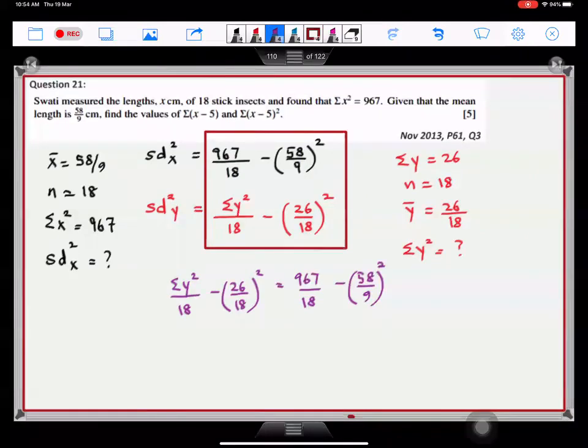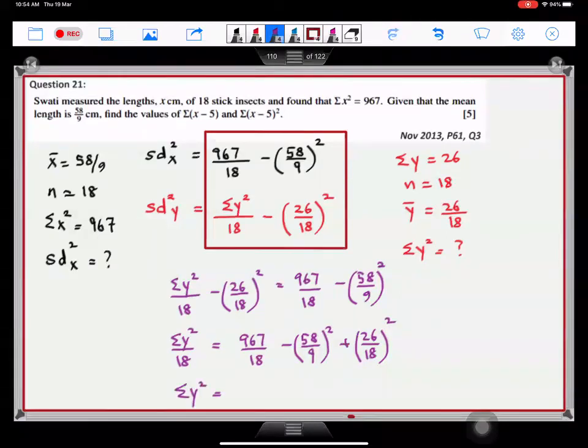You can easily make sigma y square the subject and use the calculator once for all, so that you don't lose marks on accuracy. Sigma y square over 18 is equal to 967 over 18 minus 58 over 9 square plus 26 over 18 square. And then after you have evaluated it, you can make sigma y square the subject of the equation, and then you get the answer.